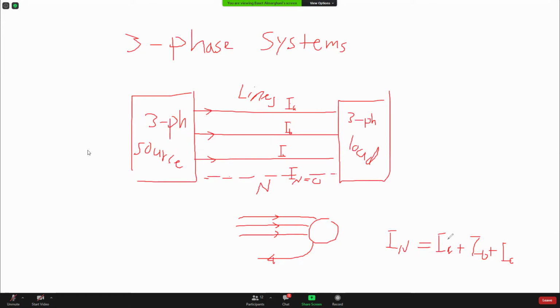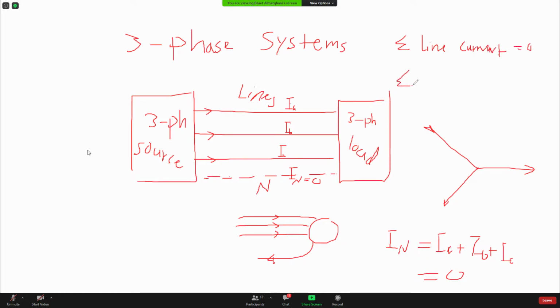Those 3 currents, if they're balanced, one will be like this way, one like this way, one like this way, with a phase angle of 120 degrees between them, so the sum of them will be 0. So in a balanced system, the sum of the line currents is 0.